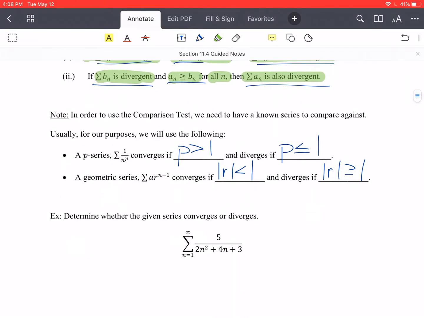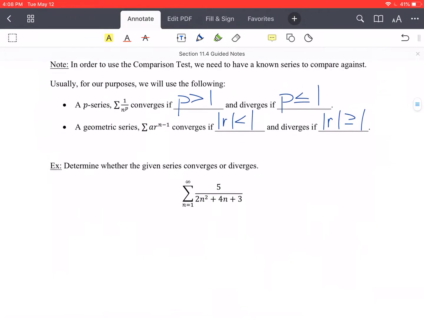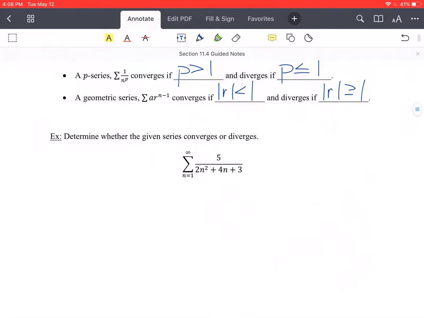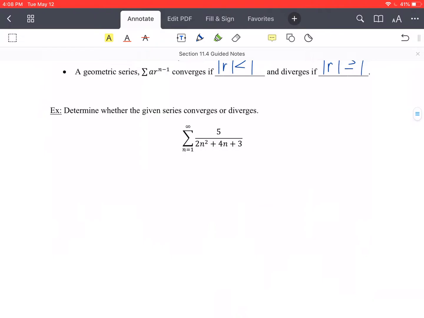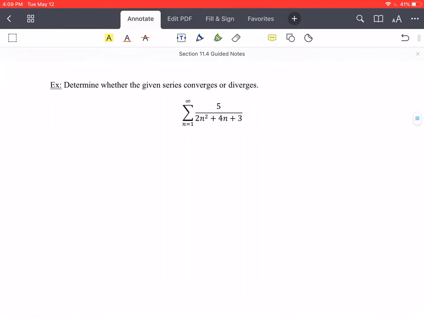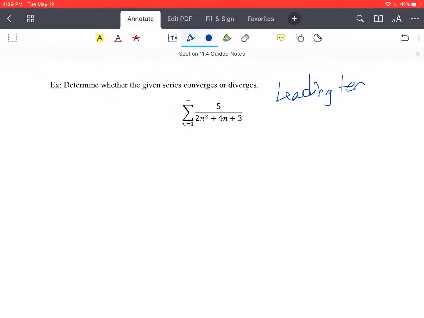All right, so let's look at this first example. Determine whether the given series converges or diverges. When we're trying to find a function to compare this against, oftentimes we want to look at leading terms. We're looking for the leading term for large n.